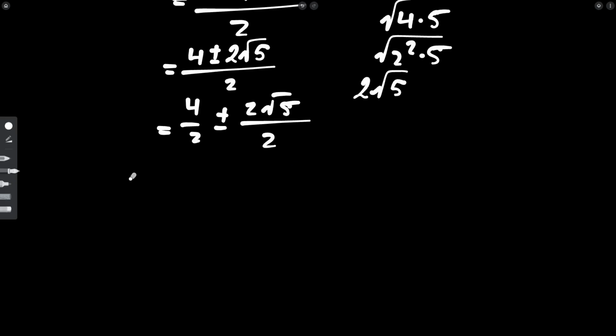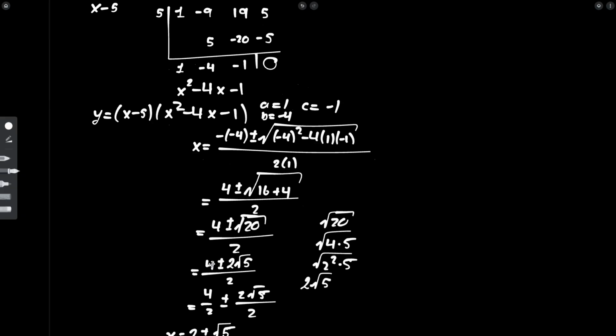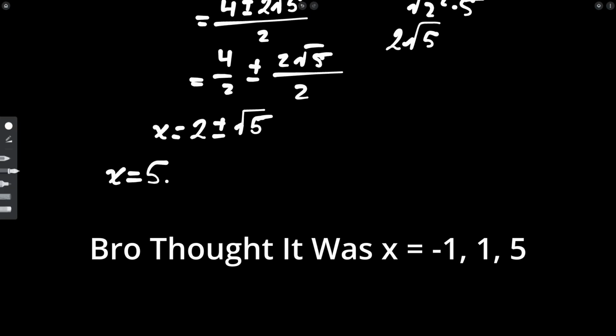And we can see that x equals 2 plus or minus the square root of 5. So our final x values are x equals the positive 5 that we were already given, the 2 plus root 5, and the 2 minus root 5.